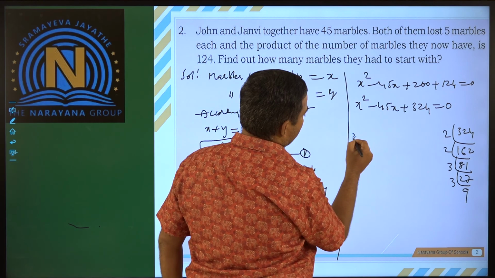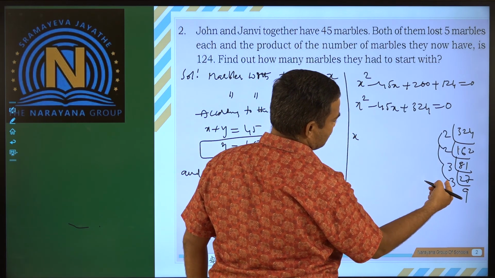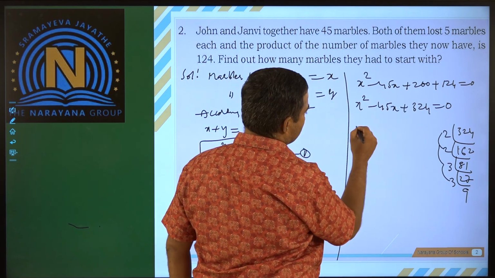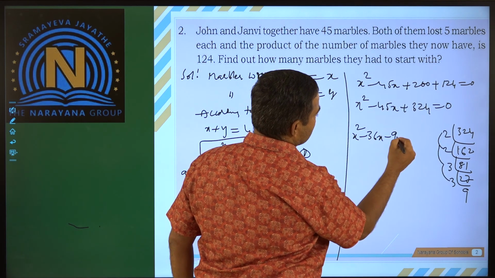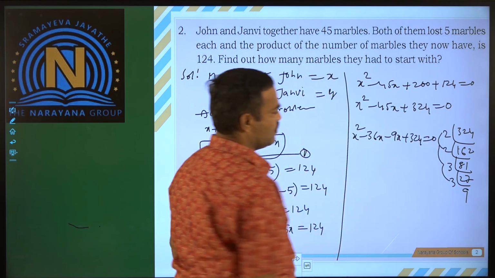So it can be written as x square minus 36x minus 9x plus 324 is equal to 0.